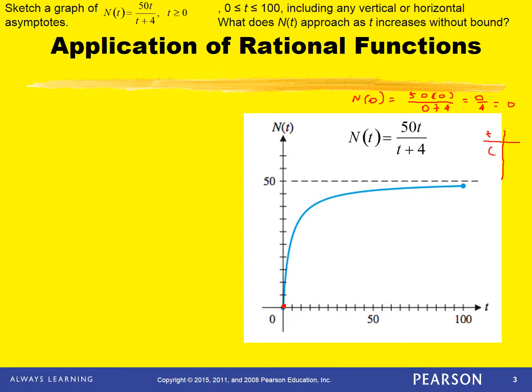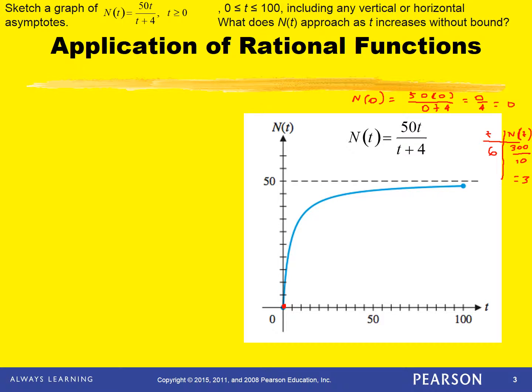Then N(T) is 50 times 6 over 6 plus 4, which is 300 over 10, which is 30.